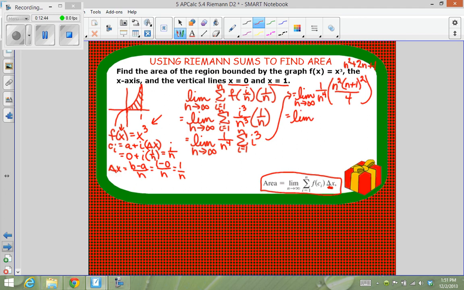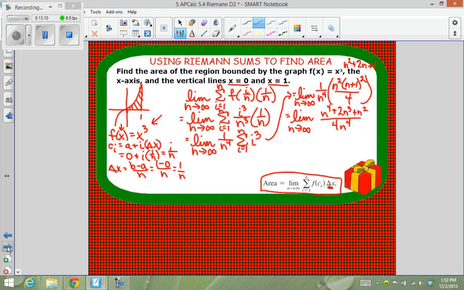So my limit as n goes to infinity. I'm going to make this one big fraction here with 4n to the 4th in the denominator. In the numerator, distribute your n squared through that n plus 1 squared FOILed out. So that gives me n to the 4th plus 2n cubed plus n squared.